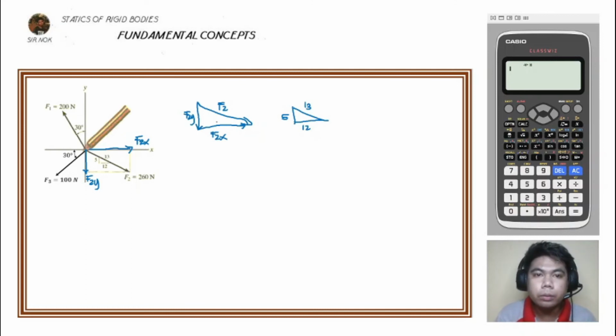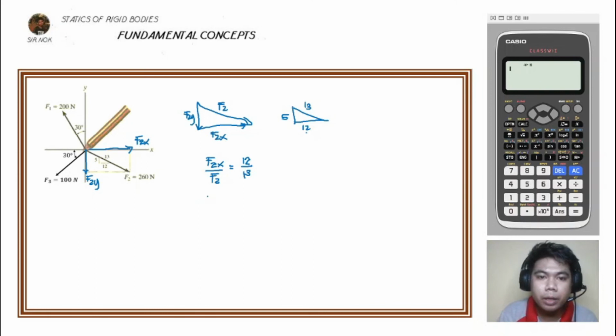So solving for the x component, we have F2x over F2 is equal to, F2x corresponds to 12, and F2 corresponds to 13.